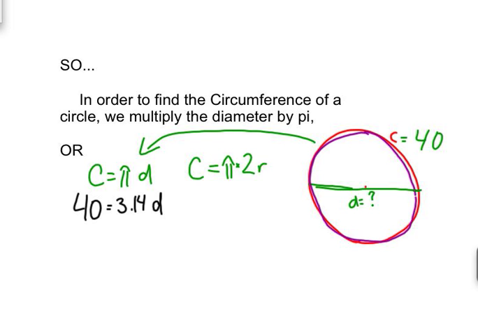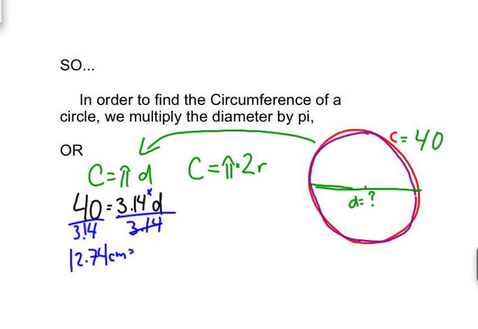This is just like basic algebra. We see that this is multiplication, so we have to solve for d. We need to get it by itself. To get rid of the multiplication by 3.14, you divide by 3.14 on both sides. 40 divided by 3.14 is 12.74 centimeters.